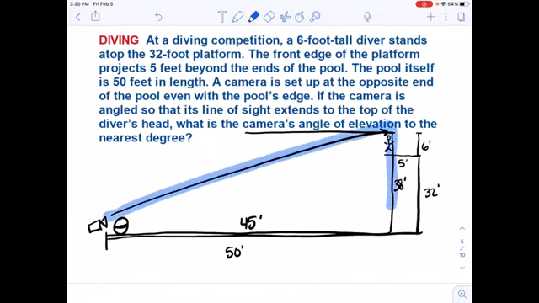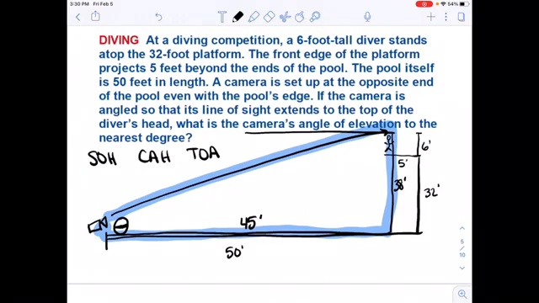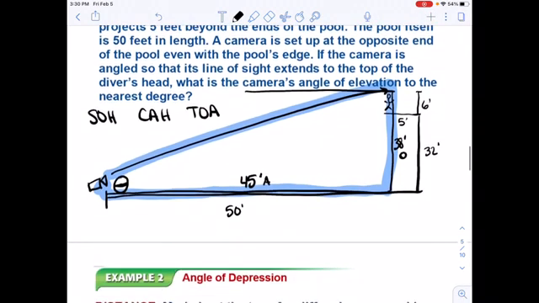After all of that picturing, we are using this triangle. So we have our SOHCAHTOA. We got to figure out which one to use. We have from the camera, that is our perspective, we have opposite and adjacent.